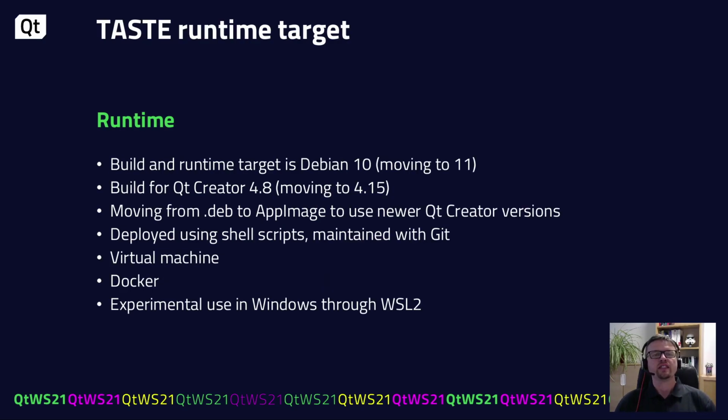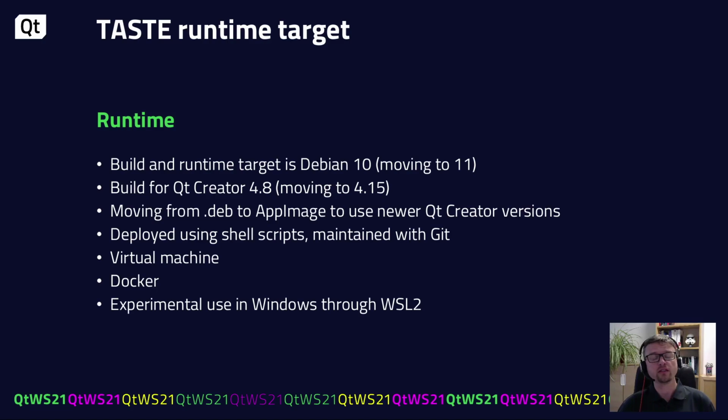So in general, for the TASTE runtime, TASTE is developed to be used on Debian 10. It is moving currently to Debian 11. It will take its time, but yeah. And that was the reason why you have seen QtCreator 4.8. We're moving to a new version. Obviously, with Debian 11, it would be 4.15. But we have also moved from Debian packages to an AppImage.